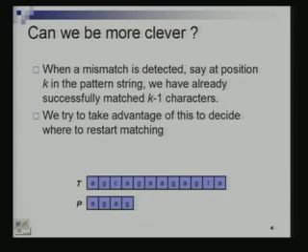Why? Okay, let us look at this again. So, this is A, this is C, there is a mismatch here. What do I know? Even if I did not know what was here, since this is the mismatch, I know that at this position in the text it is G and at this position in the text it is A, right. Now, if I shift the pattern by 1 unit, what happens?